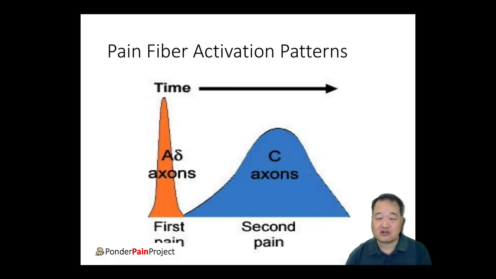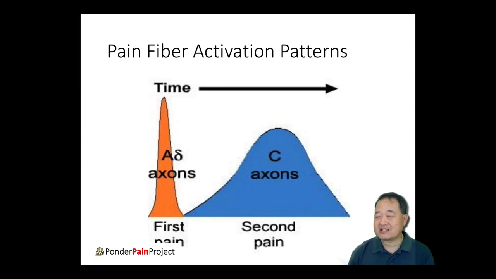They go to the regions below the thalamus first, and then the signal needs to be routed from there up into the brain, so it takes a little more time. We'll talk about those mechanisms in a second, but realize that as the A delta fibers start to shut down, the C fibers start to kick in.